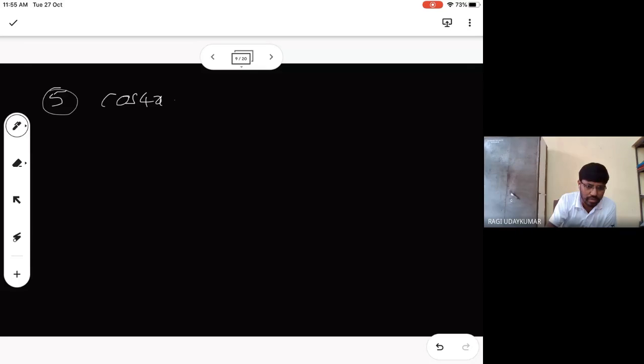cos 4x is equal to cos 2x is given. So you take this one here, cos 4x minus cos 2x is equal to 0. Cos c minus cos d, what is cos c minus cos d? Anyone?